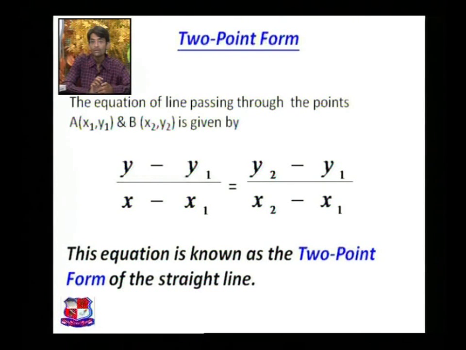So note down with me all the important forms of a straight line. This one is the first one, 2-point form, that is y minus y1 upon x minus x1 is equal to y2 minus y1 upon x2 minus x1.